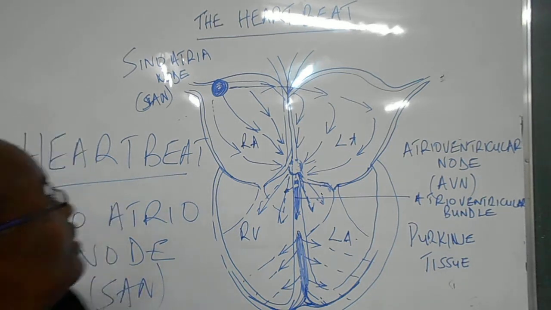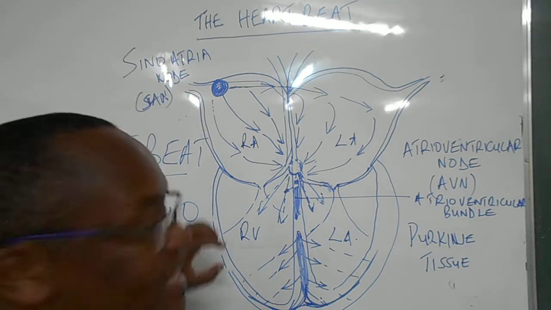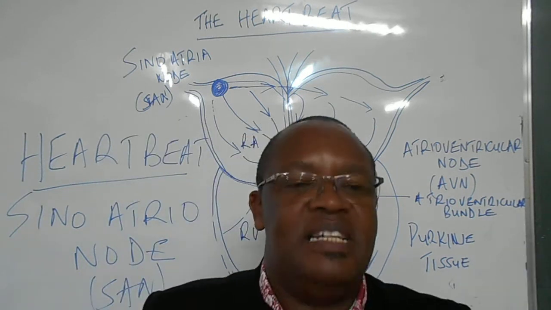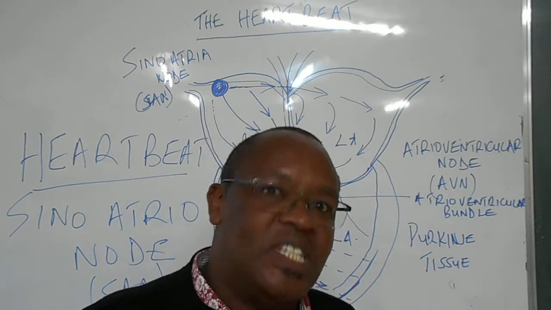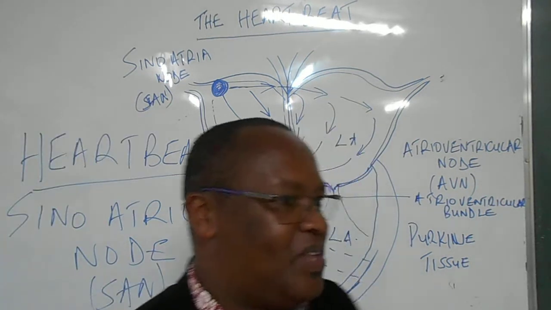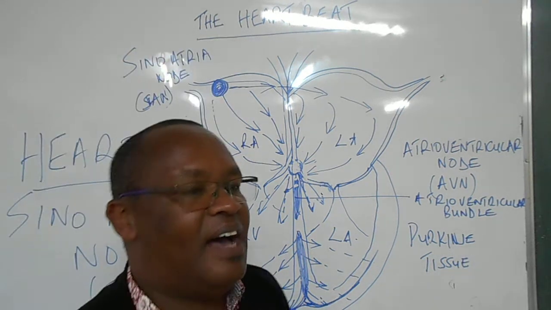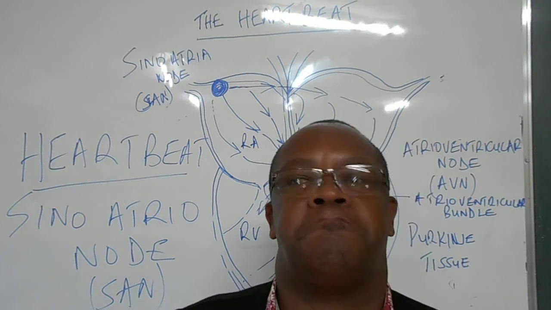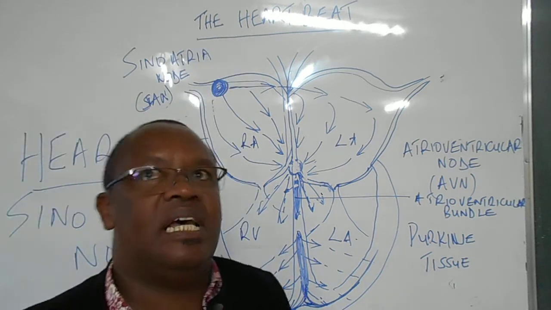It is located at the right auricle, and it is the one that determines the speed at which contraction occurs per minute. So in other words, it is the pacemaker. We refer to it as pacemaker because it is the one that determines the rate of contraction of the heart muscles.